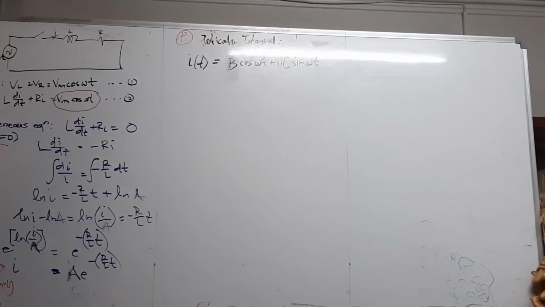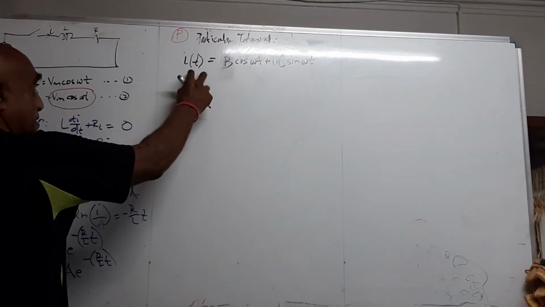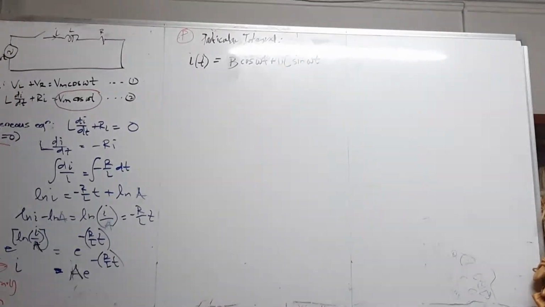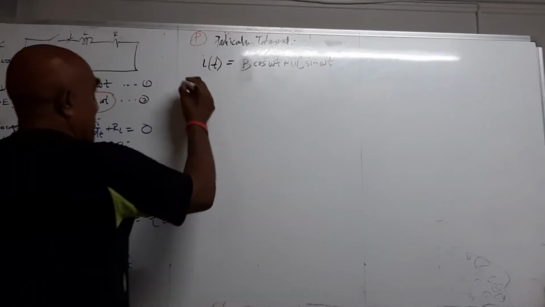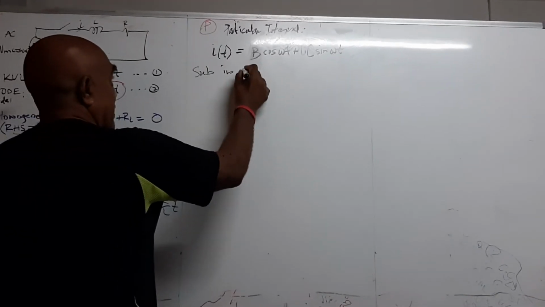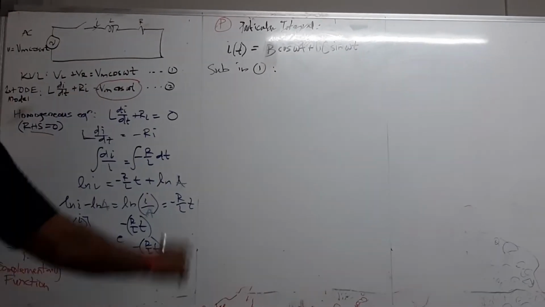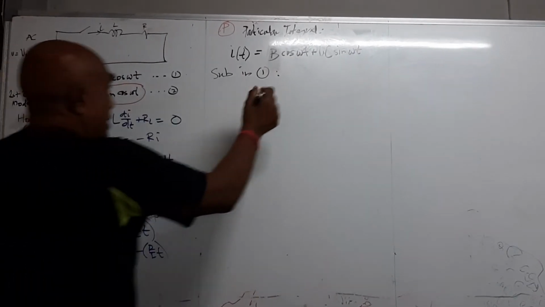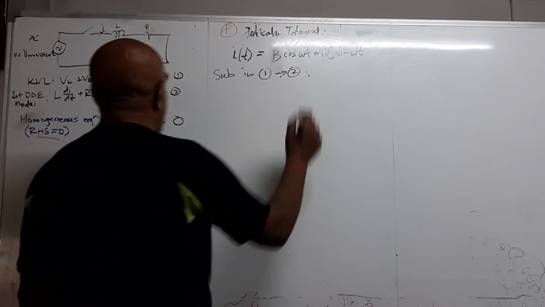So we will then take this and put it back into equation 1 here. So we substitute in equation 1, and of course into the form that is there in equation 2.